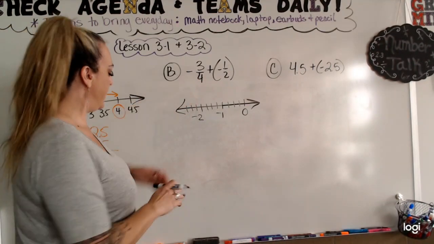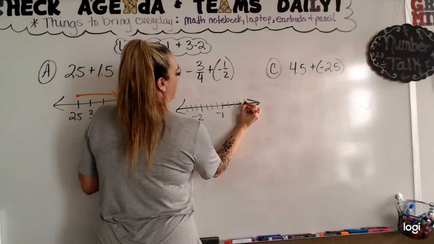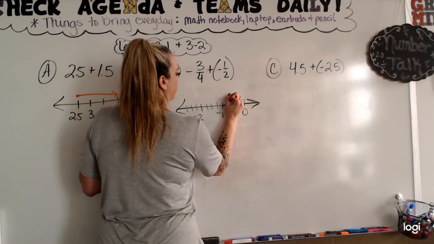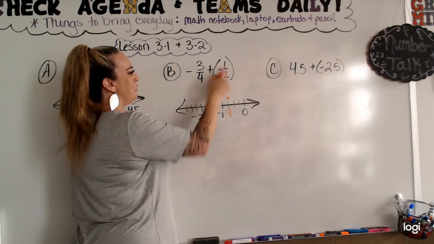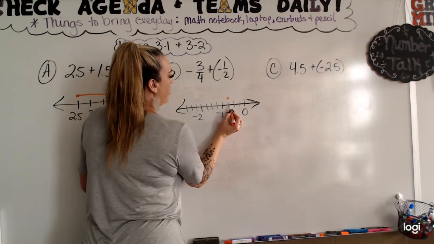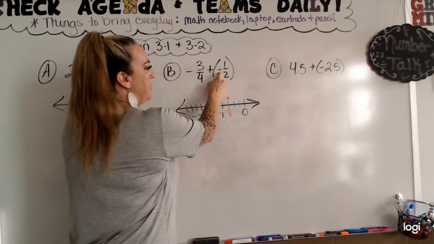We're starting at negative 3/4. So here's 0. Here's 1/4, 2/4, 3/4. Negative 3/4. There we are. We're adding negative 1/2. So we're going backwards 1/2. Okay? Well, these are in fourths, right? So we're going to need 2 fourths to make a half.